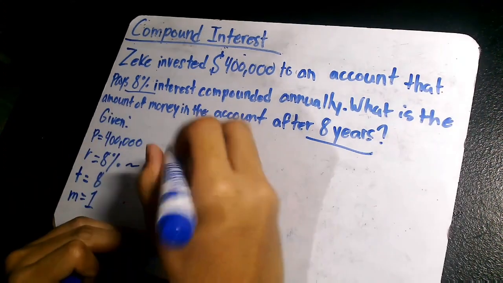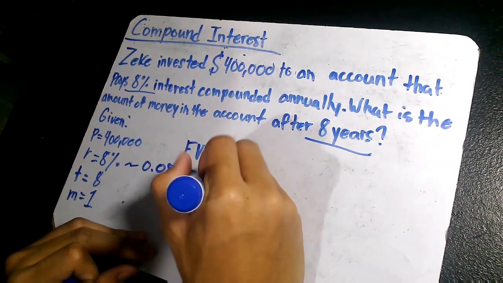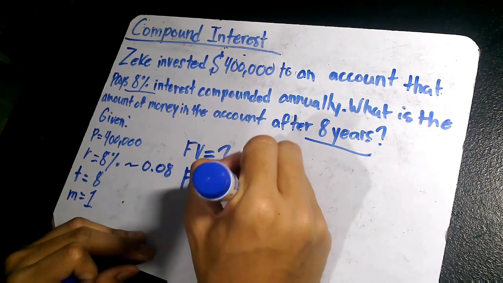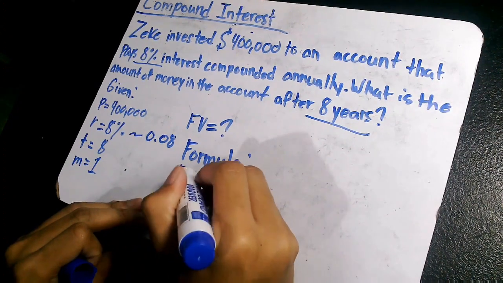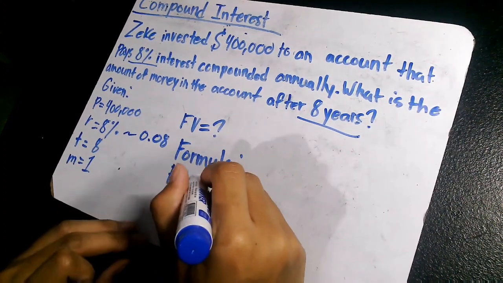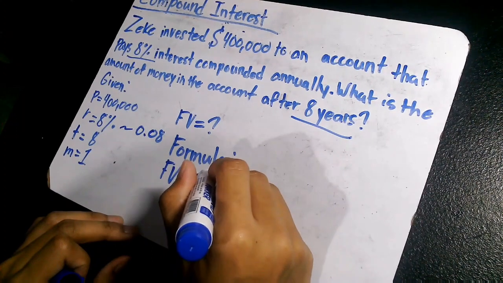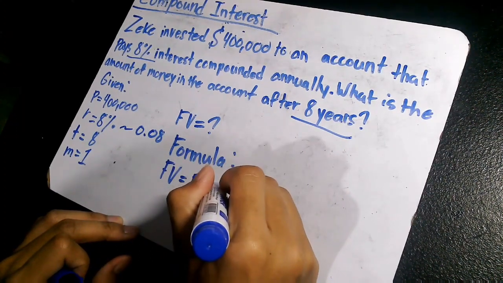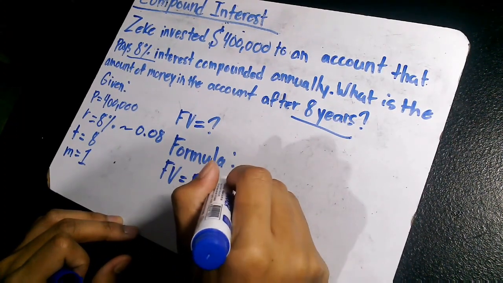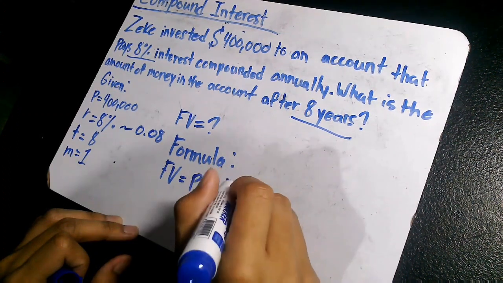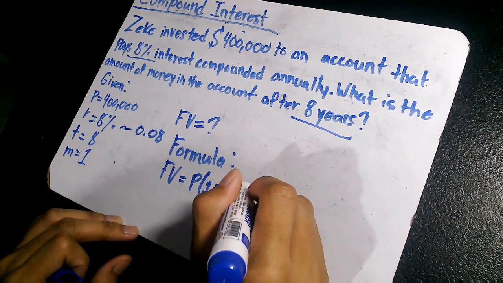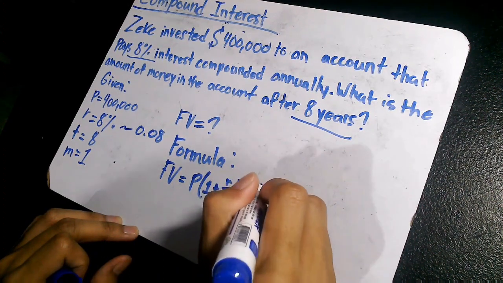The formula should be FV equals P times 1 plus R over M raised to the power of M times T.